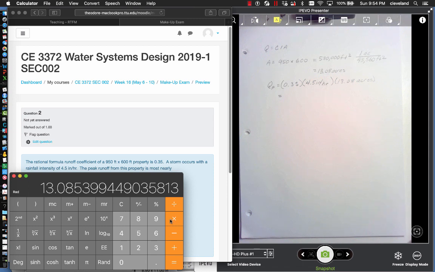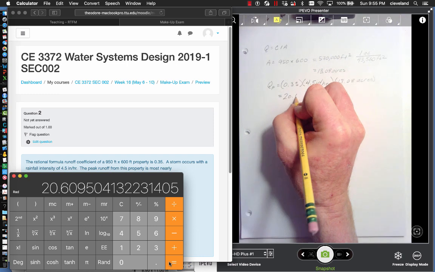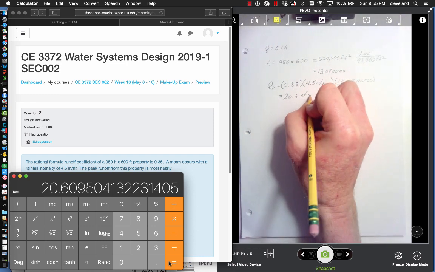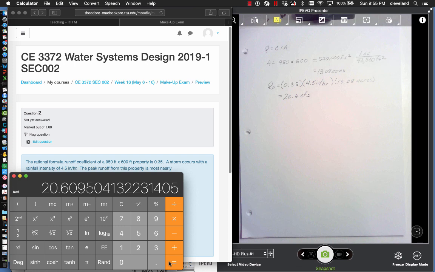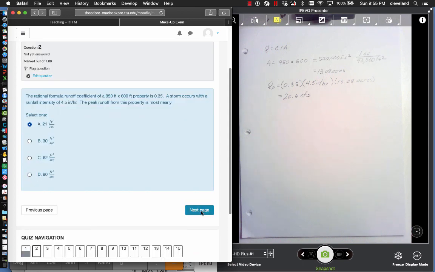So we have 13.08 times 4.5 times 0.35 equals 20.6 CFS, and our possible answers, I guess it's going to be A, number 21. Move on to the next one.